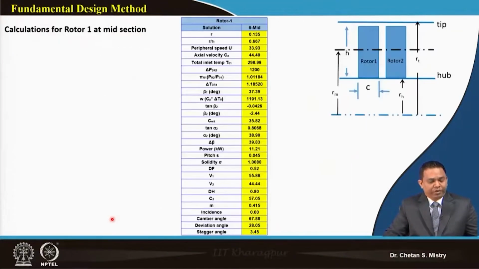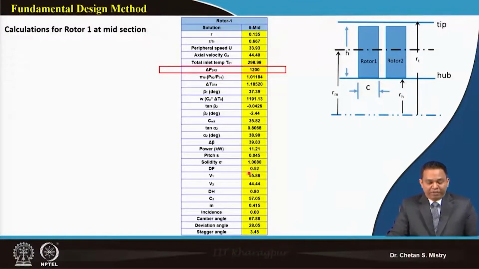Let us see. This is my Excel sheet program, representing my parameters. Here in this case, we are assuming pressure rise by rotor 1 as 1200 Pascal, and based on that, these all are the parameters which are calculated.